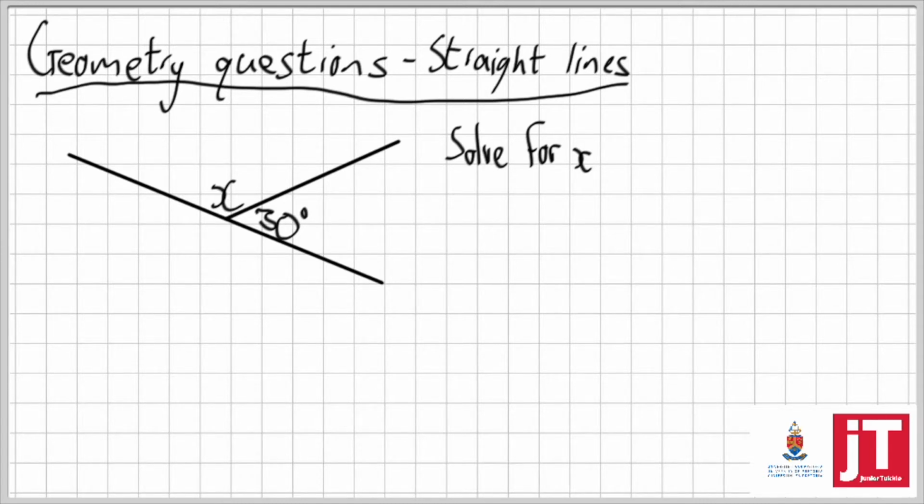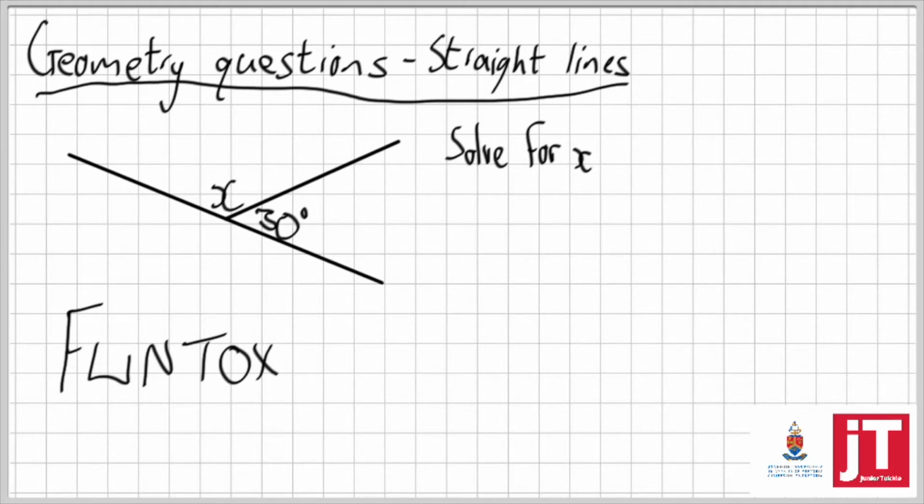Well, the first thing I start is I think about what theorems could apply to this situation. First of all, we would then write it down. So FUNTOX. I know I can use FUNTOX because that's the geometry which applies to straight lines.